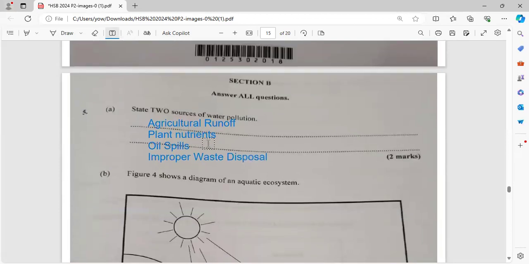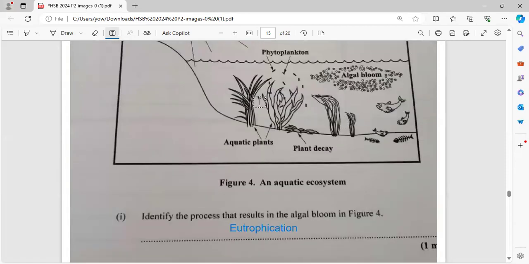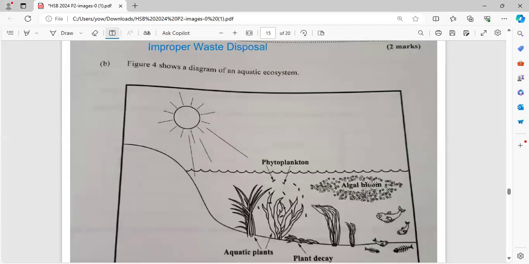So when plant nutrients go in the water, eutrophication is when the algae are formed to eat these nutrients, and they feed off it and replicate, and after a while, the whole of the water will be green. All right.